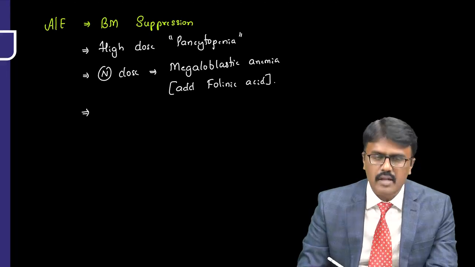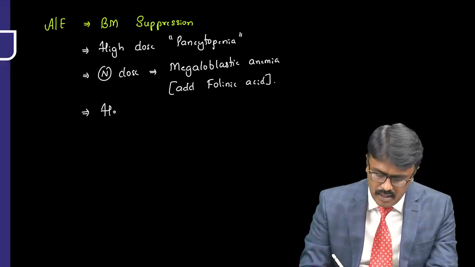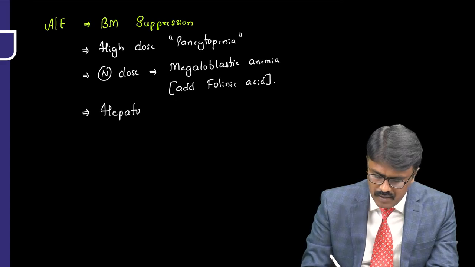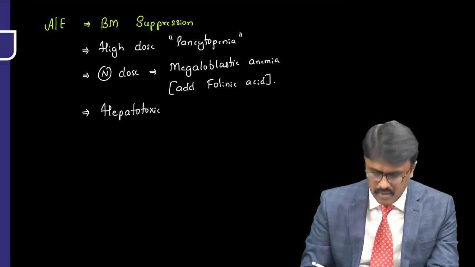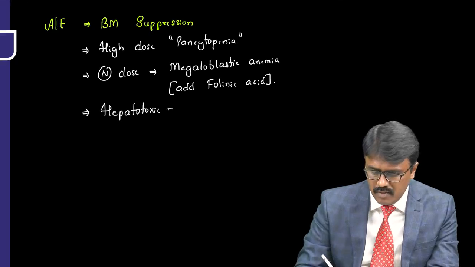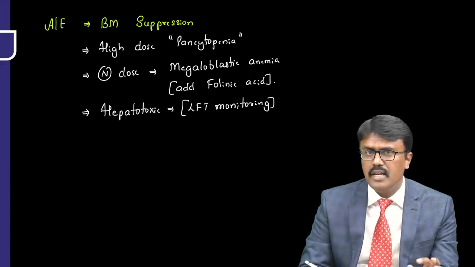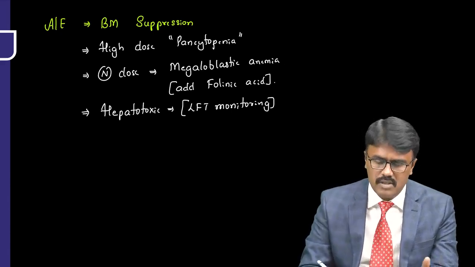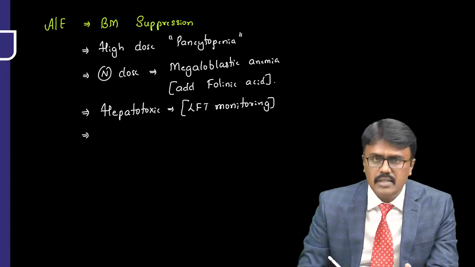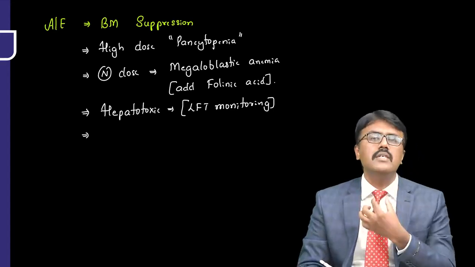Now, coming on to the other adverse effect, the drug is hepatotoxic. So since the drug is hepatotoxic, when we are starting the drug, you have to do the LFT monitoring. So liver function test has to be monitored. If the liver enzymes are getting elevated, reduce the dose or stop the drug. Next important thing is it can damage the GI mucosa.